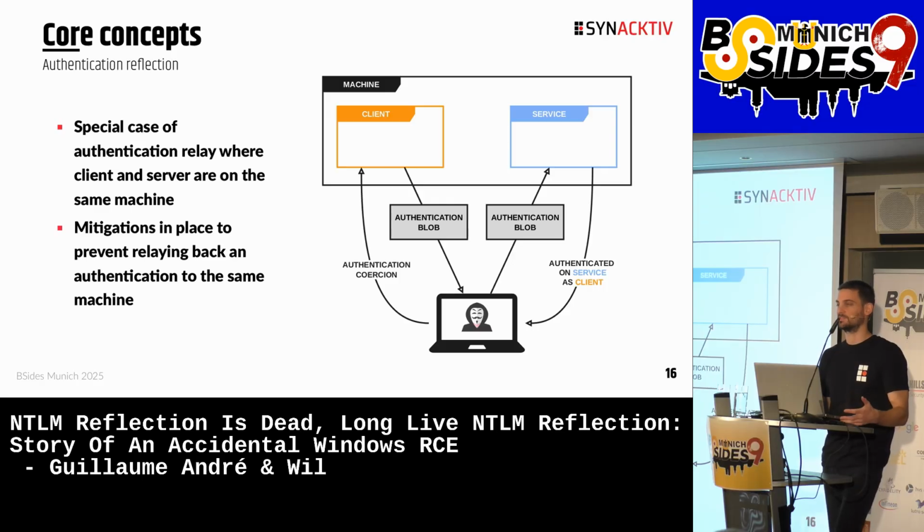Basically, it's the same. This is a special case where the client and the server are on the same machine. We receive the incoming authentication blob and relay it back to the same target. Microsoft describes it as a bug, so mitigations were put in place in order to prevent relaying the authentication back to the same machine. That was the reflection attacks.